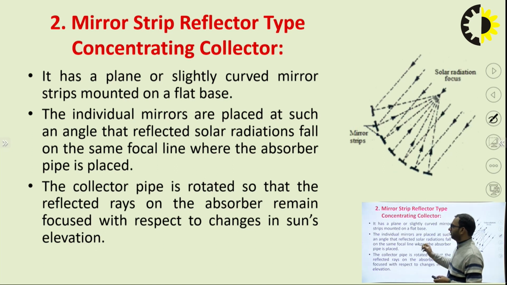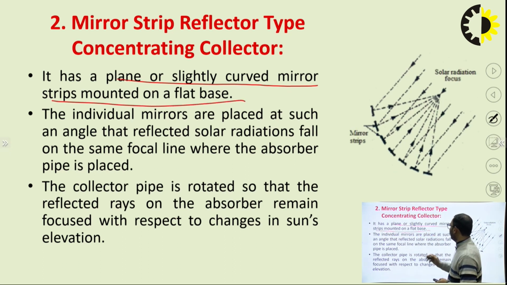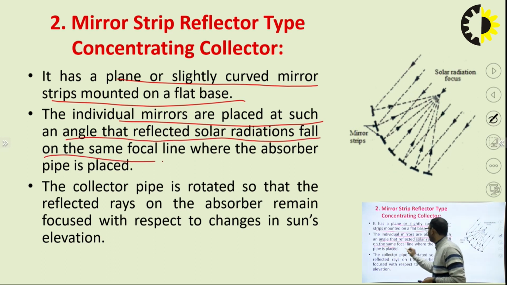Now the second type of focusing collector is the mirror strip reflector type concentrating collector. It has plain, slightly curved mirror strips mounted on a flat base. The individual mirrors are placed at such an angle that the reflected solar radiation falls on the same focal line where the absorber pipe is placed.